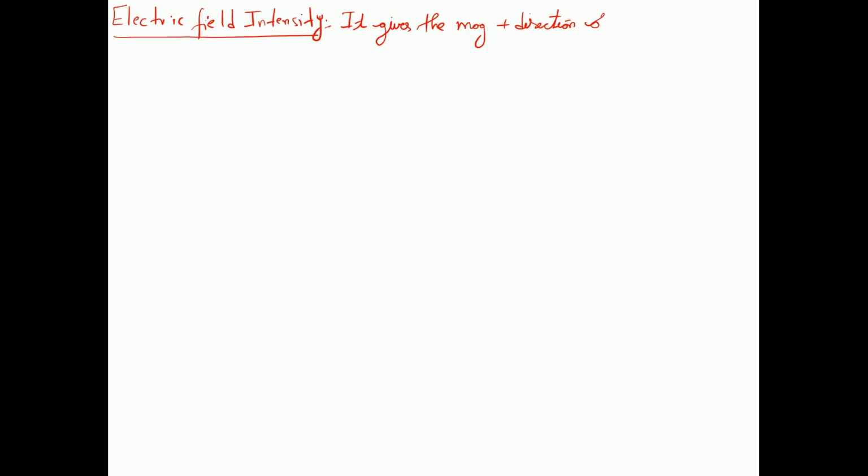So now let us continue our discussion and understand what is electric field intensity. First we are going to write the generic definition of electric field intensity, and then we are going to understand how we reached this definition. So electric field intensity basically gives us the magnitude and direction of an electrostatic force.